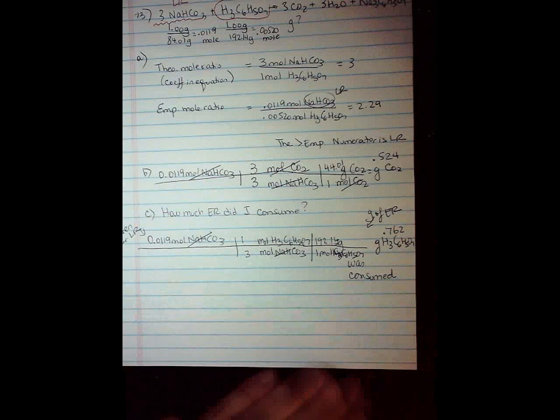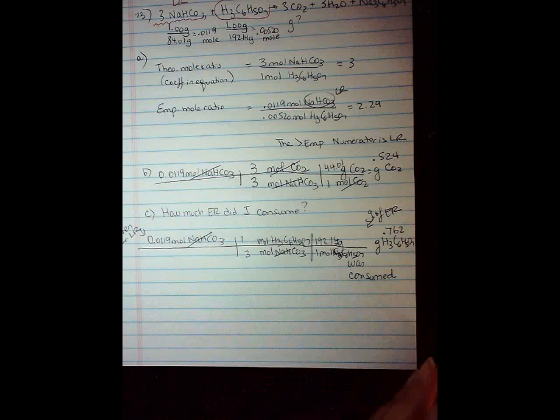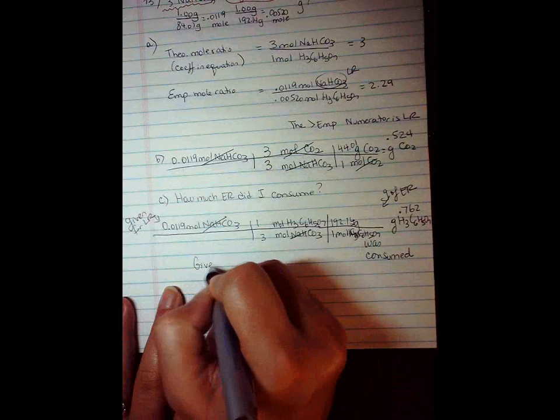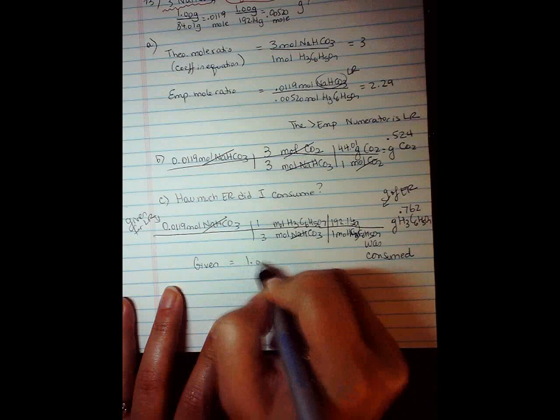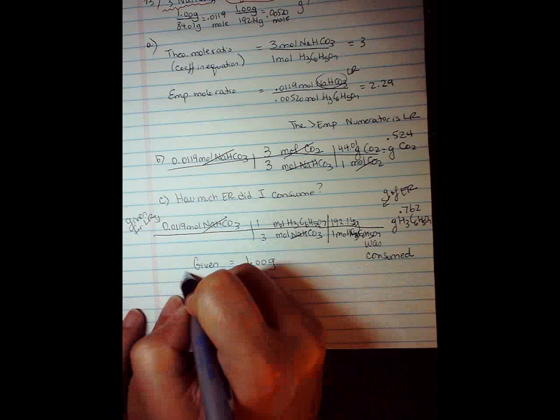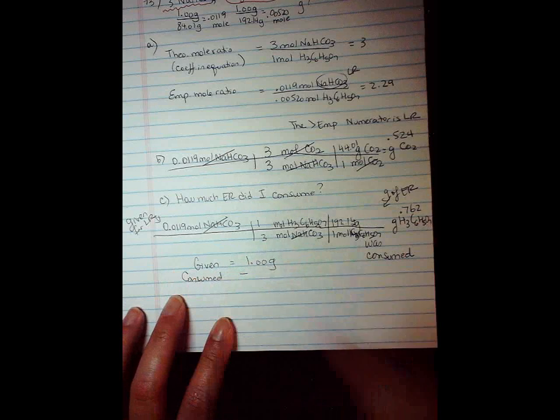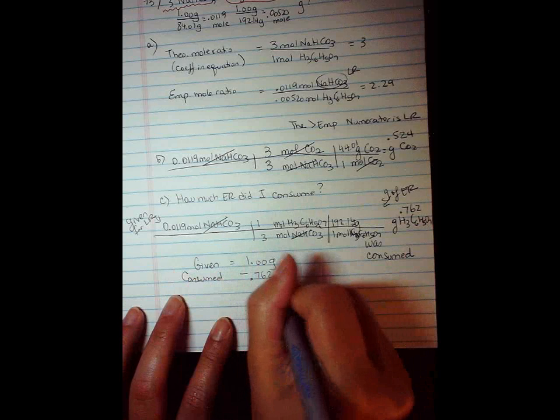They're not asking you how much was used up, though. They're asking you how much is left over. So you have to do another step here. That final step is you take the amount that you were given, 1 gram, and subtract from it the amount that you consumed, which is what we just calculated in that fence post, 0.762 grams.